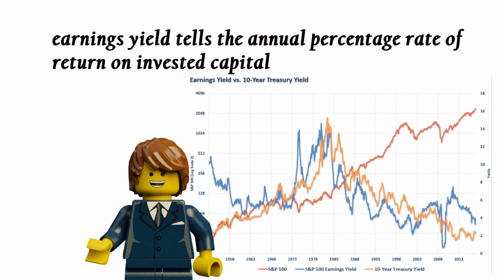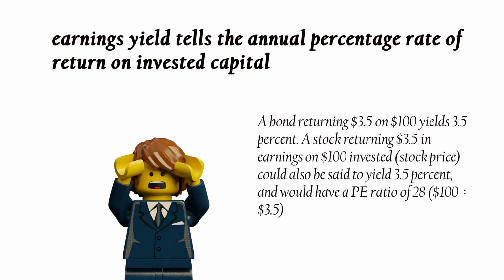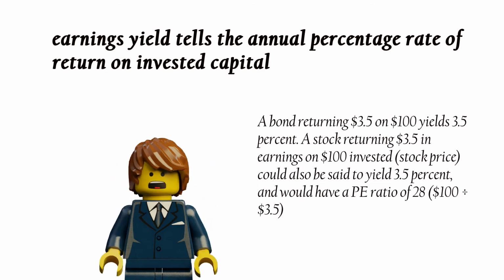This way of looking at PE is the equivalent of a yield the investor would use to compare to another investment, a bond, for example. As I'm recording this, the 1-year Treasury bond yields almost 3.5%, the highest it's been since the early 2000s. A bond returning $3.50 on $100 yields 3.5%.